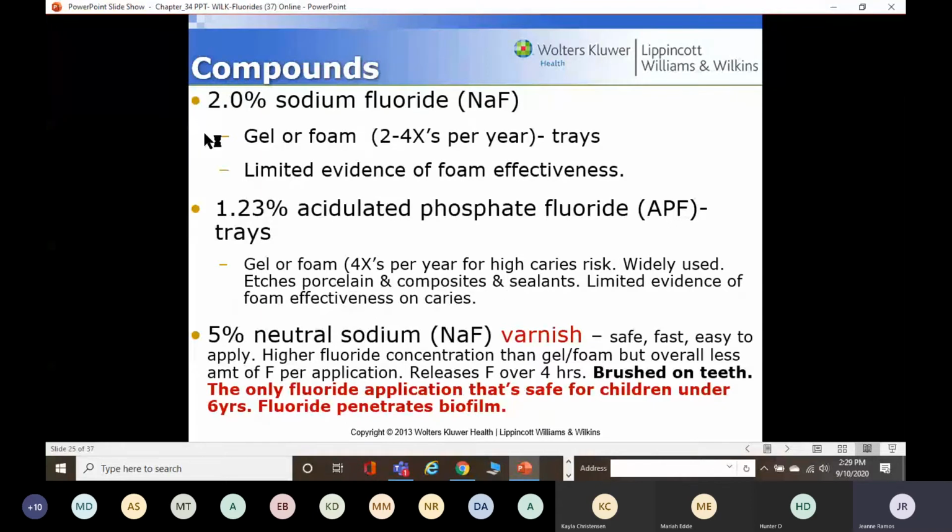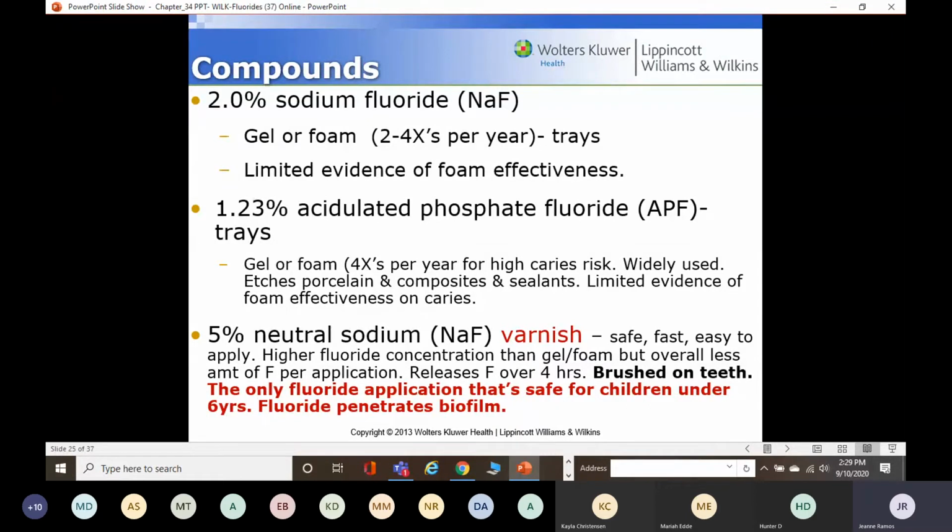So the compounds: we have a 2% sodium fluoride that comes in a gel or a foam, 2 to 4 times per year. You need mouth trays for that foam. There's limited evidence of real effectiveness with the foam. Then we have the 1.23% acidulated phosphate fluoride, the APF.